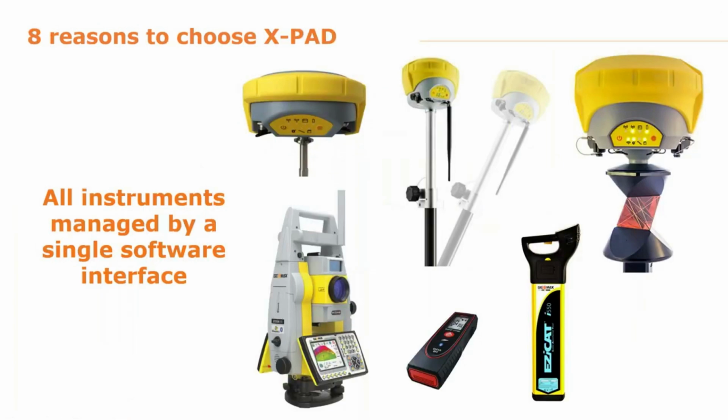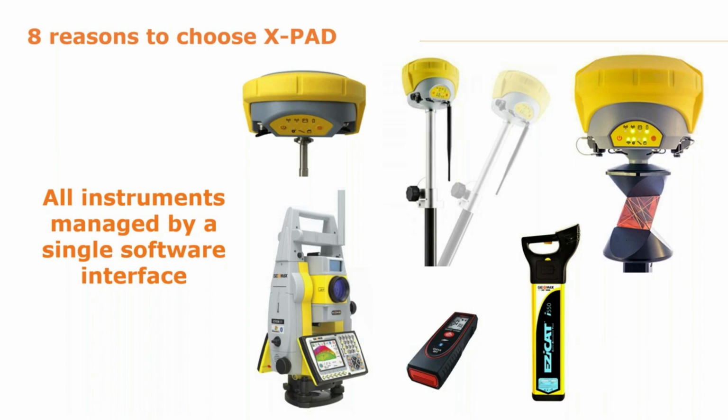So also, we're going to give you 8 reasons to choose XPAD. All of the instruments in the Geomax line, whether it's GNSS receivers, total stations, can interact with our XPAD Ultimate software. So we have GNSS connecting. We also have the Zenith 35 Pro, which has the tilt and go tag option.